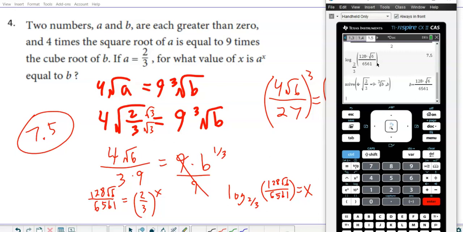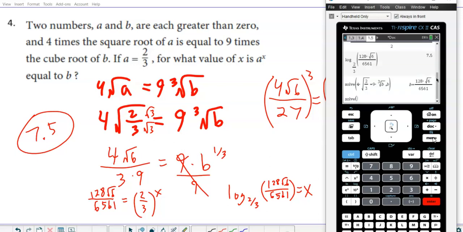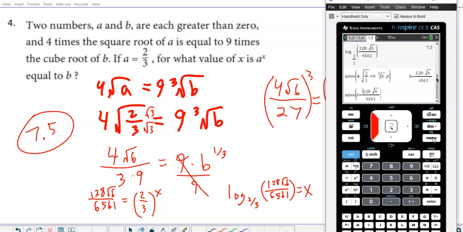And so then you could set up your second equation, and again use the solve command for that one, because it should work, at least in theory here. Again, the solve command is menu, algebra, solve, and we're going to take that value. I guess we don't need the B. Equals, and we set that equal to 2/3, so 2/3 to the power of x.